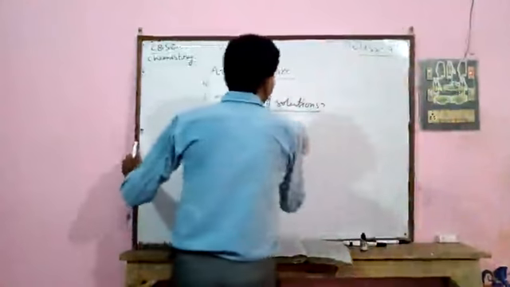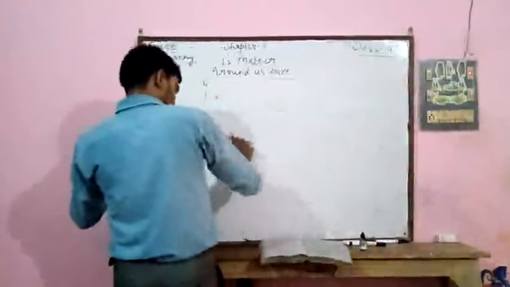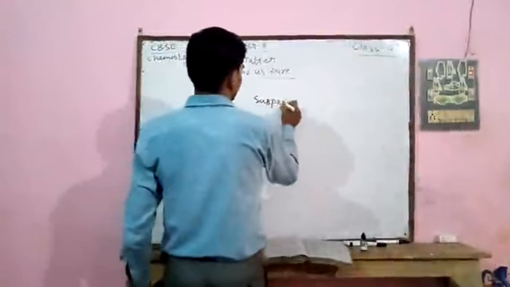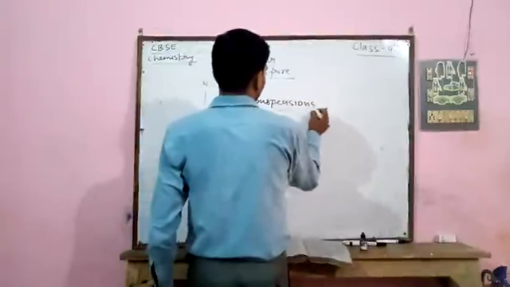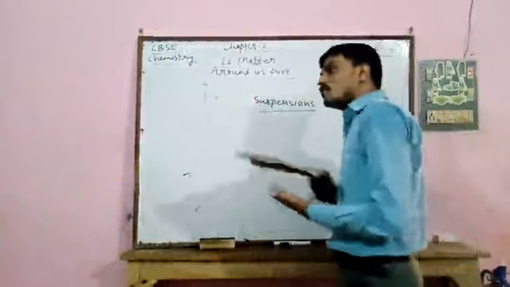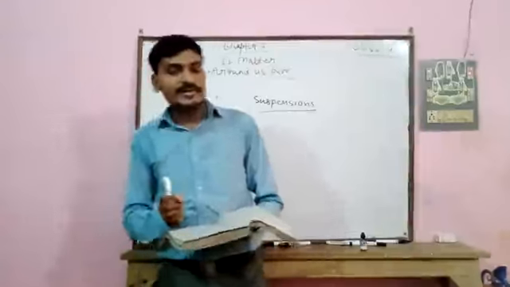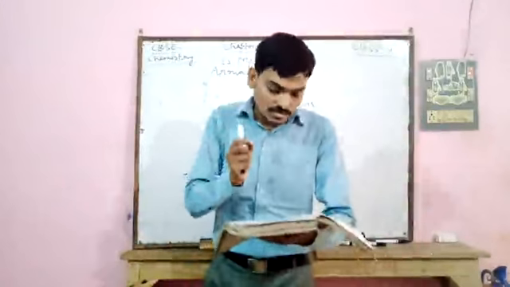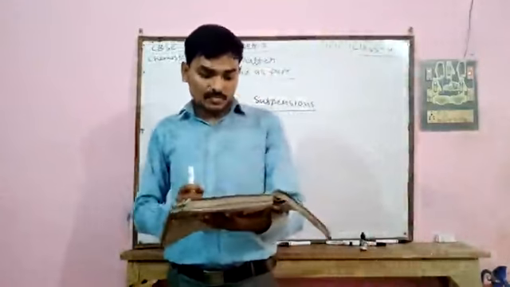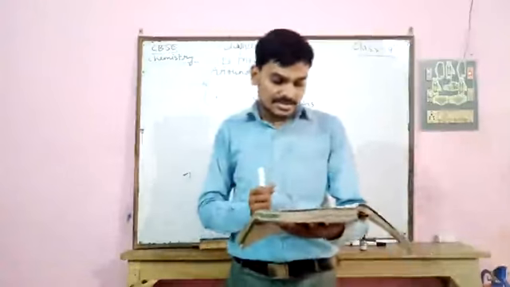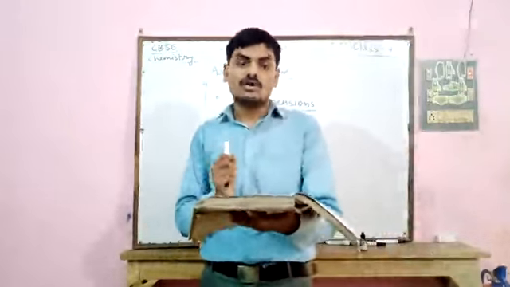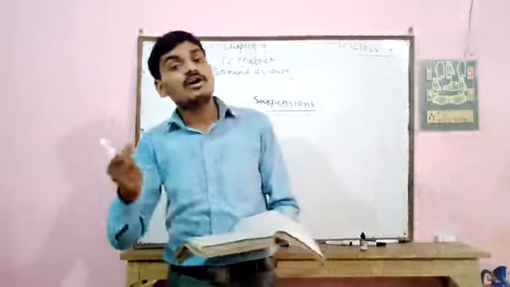Now the next one is suspension. What are suspensions? Those substances which are insoluble in water form a suspension. A suspension is a heterogeneous mixture in which small particles of a solid are spread throughout the liquid without dissolving.